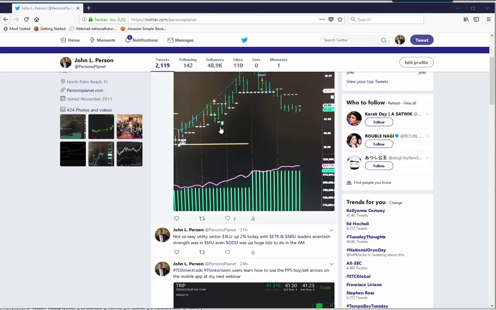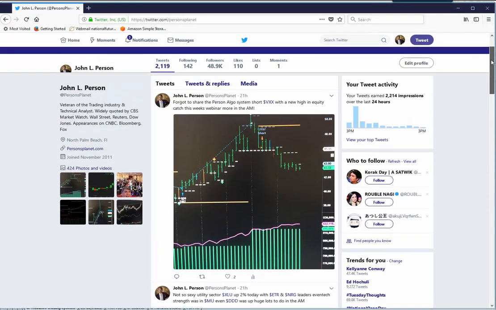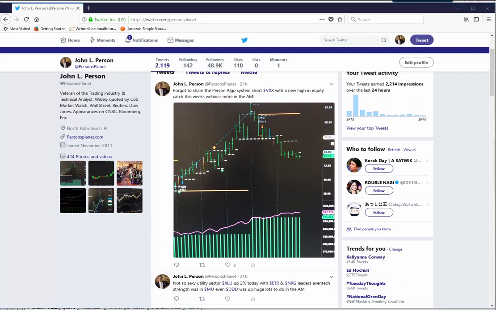Yeah, so we talked about the move here with the Algo Optimizer, which is pretty neat because we posted out that this thing was short the market, as you can see, trying to bring that into focus. So it had been short a new equity high.